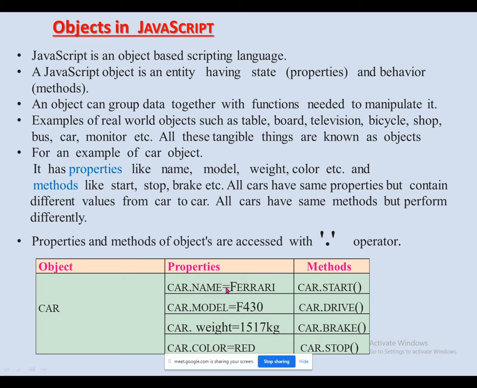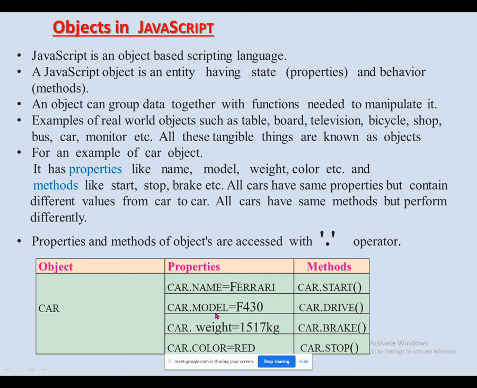Just assume what this dot operator is. Whatever property that particular object has, and I want to know the value of that property, I write the name of the object, dot, and then the name of the property. So when I say car dot name, the meaning is: whatever name that car has, it will be displayed.